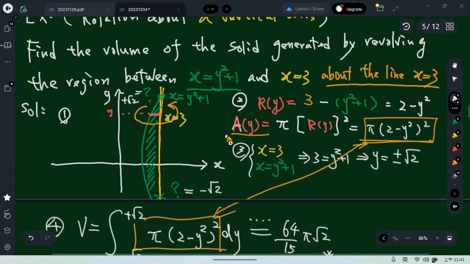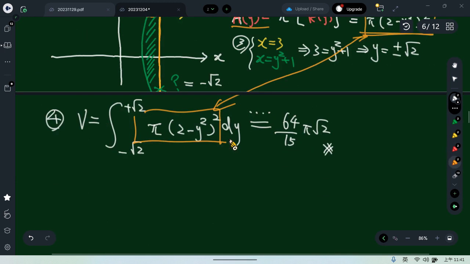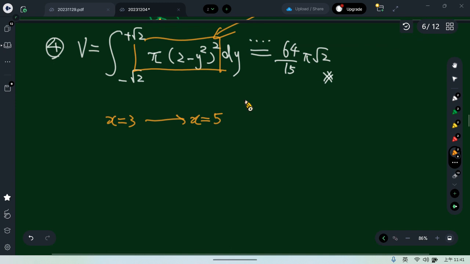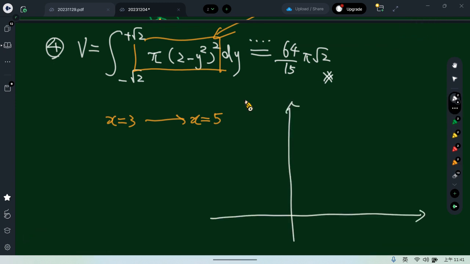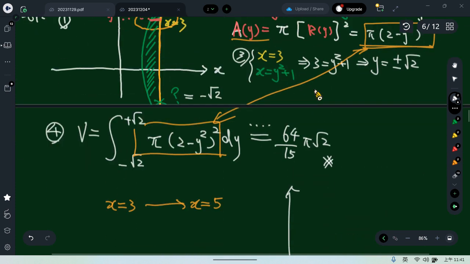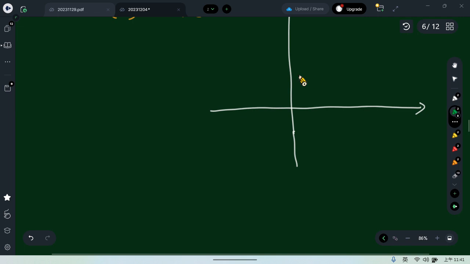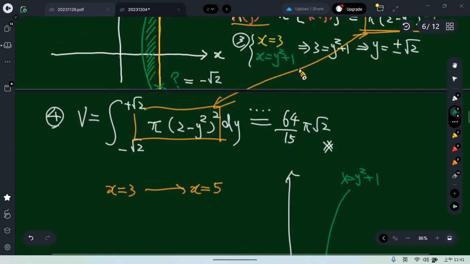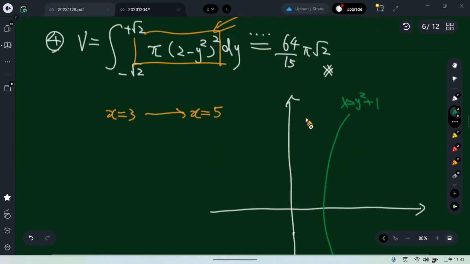Just try to imagine that. If I just change s equals 3 to s equals 5, we still have s equals y squared plus 1, still this one.